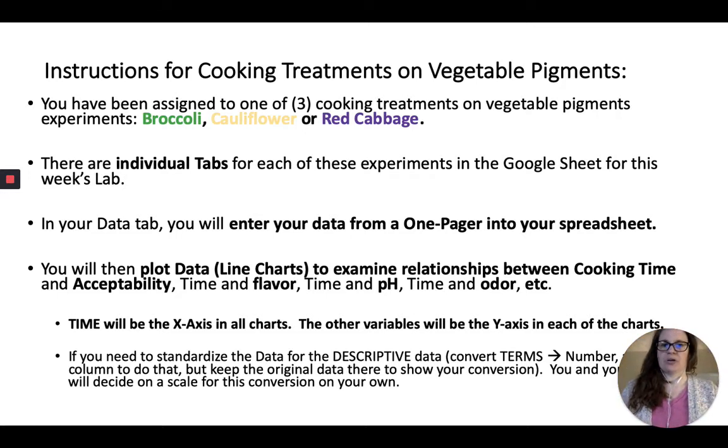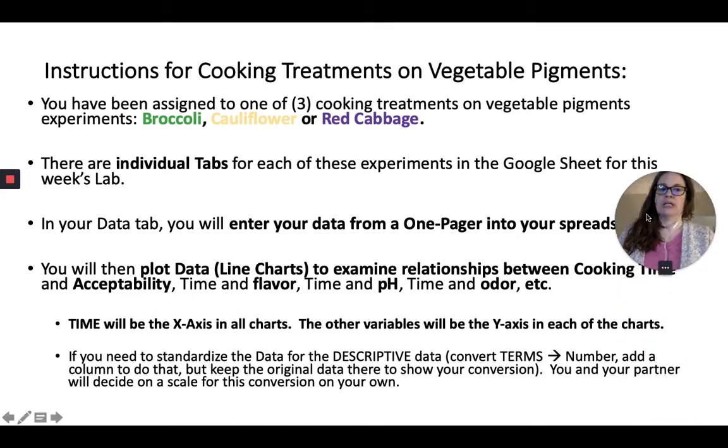If you need to standardize the data for the descriptive data, so convert terms that may have been used in the one-pager to a number, you can do that. You're going to add a column to do that, but just enter the data as it was used in the one-pager, then add a column with your heading for whatever you're using and the scale.